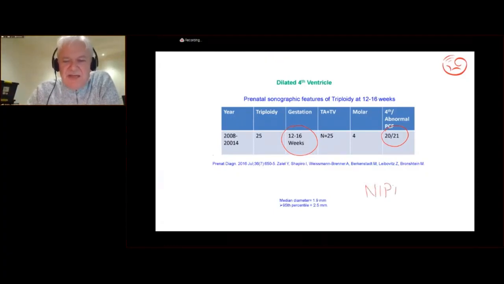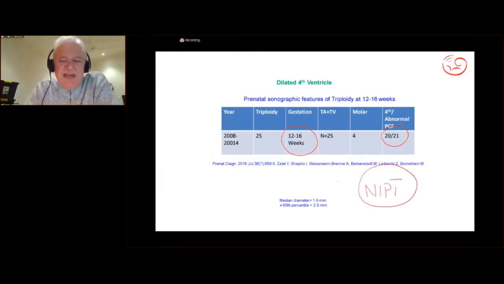And in a sense, we will not pick up triploidy with NIPT. It's one of the downsides of free fetal DNA. But if you look at the posterior fossa with ultrasound, close to 100% of triploidies can be identified by seeing that the fourth ventricle is dilated.